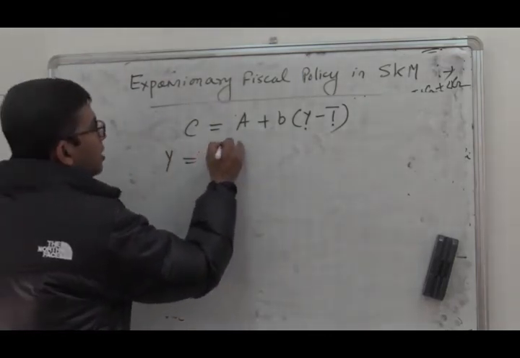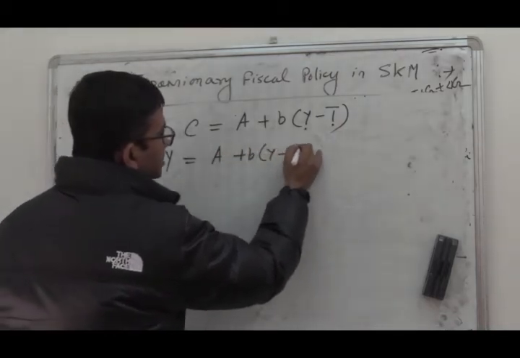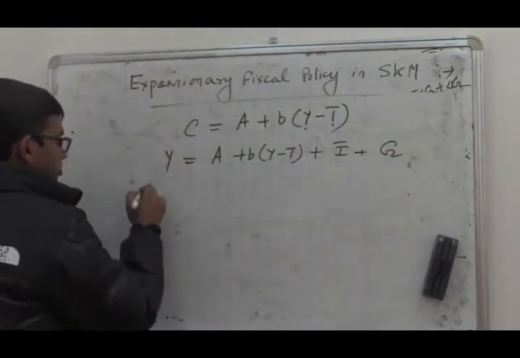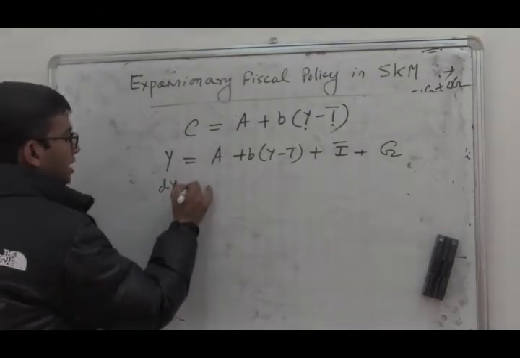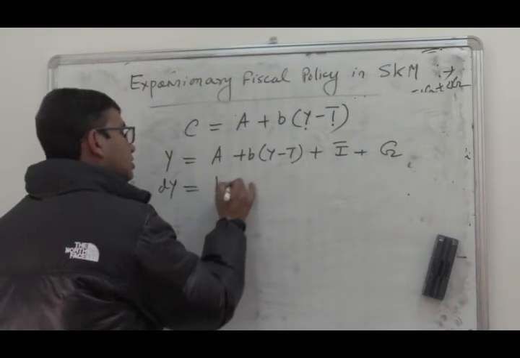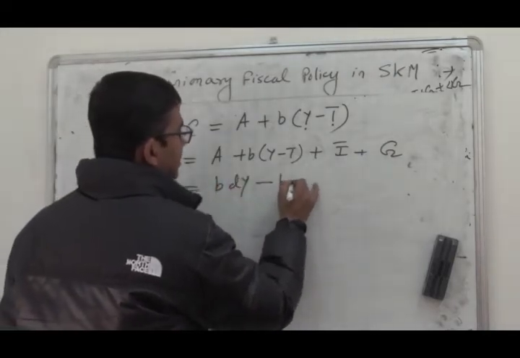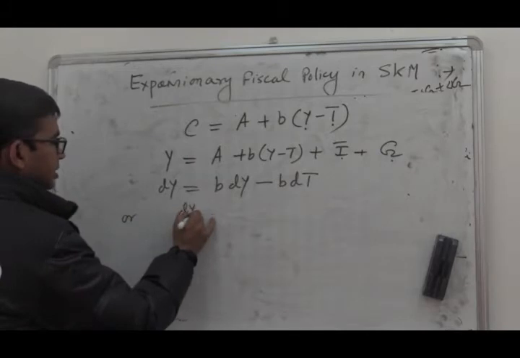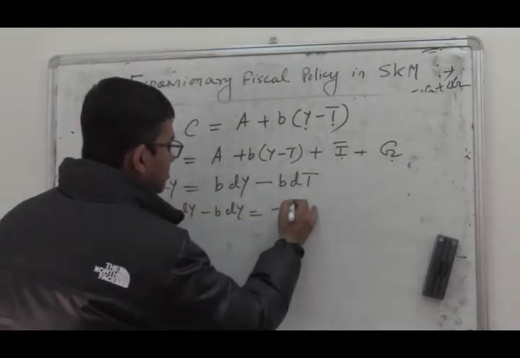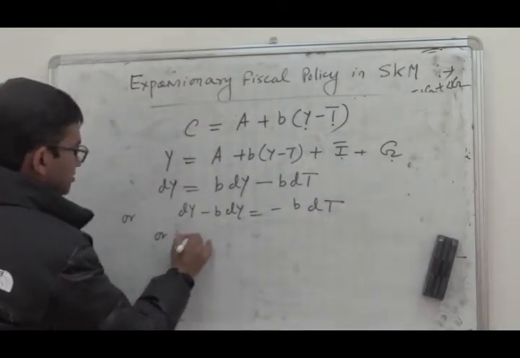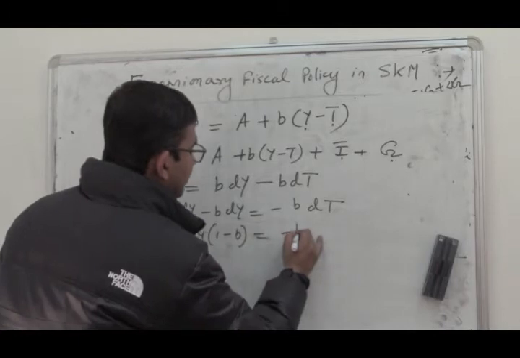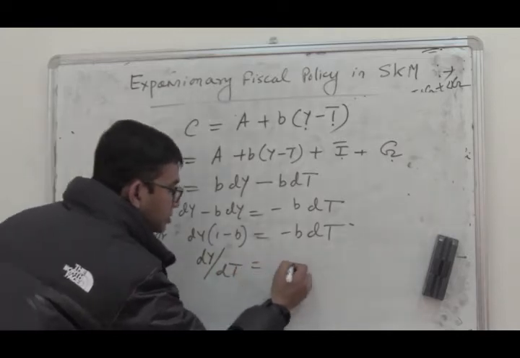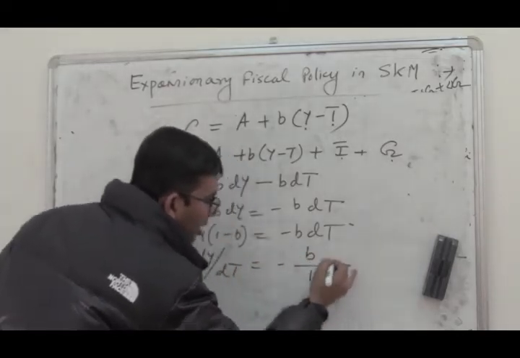So Y equals A plus B into (Y minus T) plus I bar plus G. If we differentiate both sides totally, we will get dY equals B dY minus B dT, or dY minus B dY equals minus B dT, so by cross multiplication we get dY by dT equals minus B divided by 1 minus B.